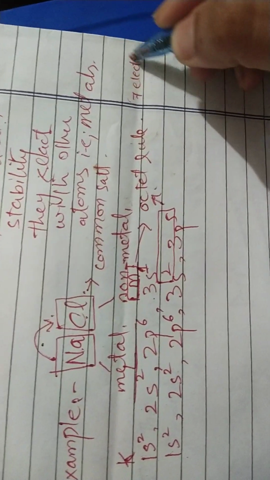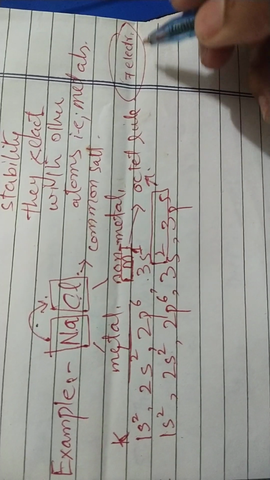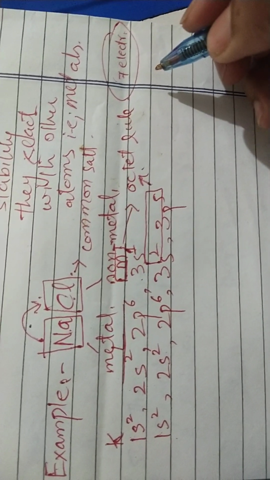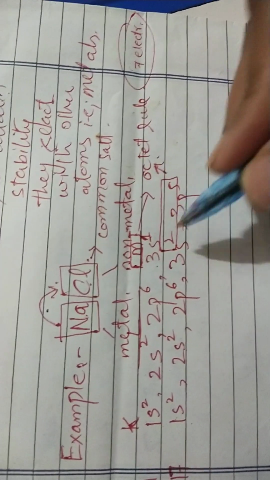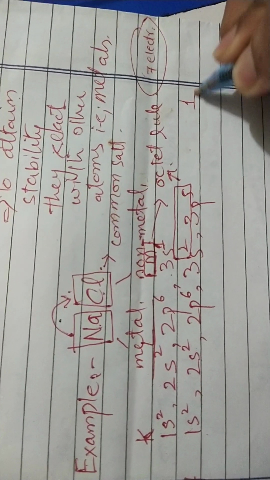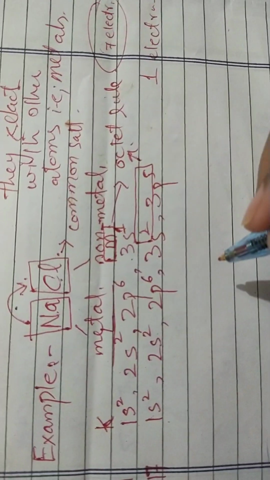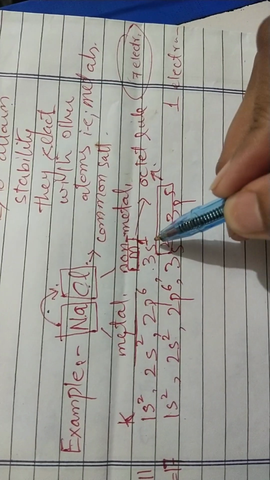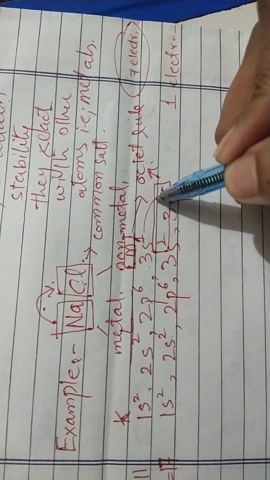It is very difficult for a sodium atom to attain 7 electrons from any other atom, while chlorine has 7 electrons in its valence shell and requires only 1 electron to complete its octet. This 1 electron will be accepted by the chlorine from the sodium.